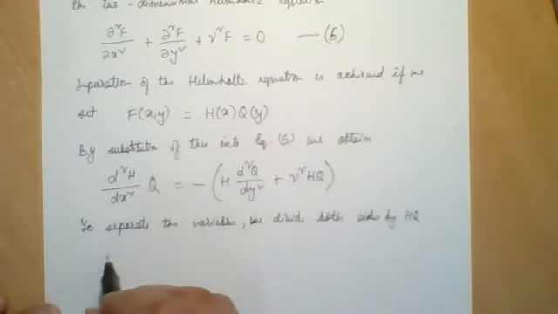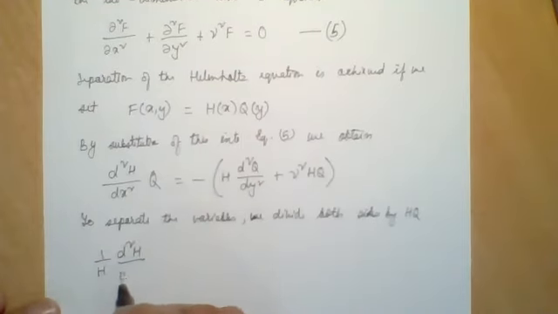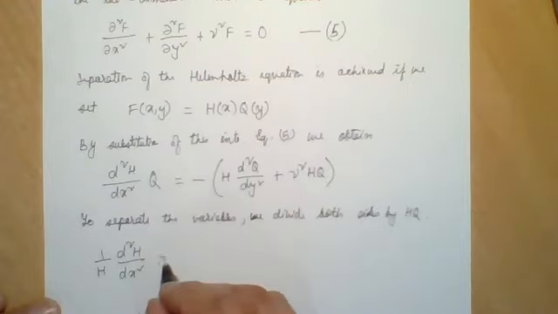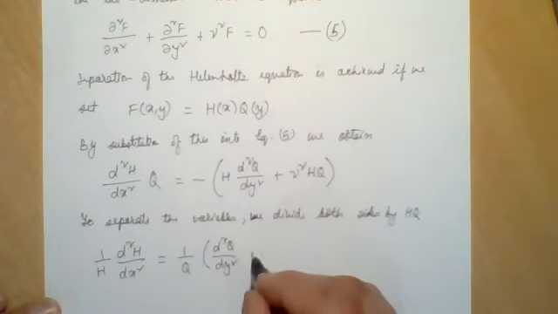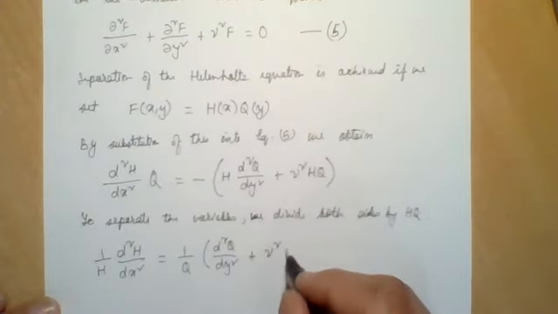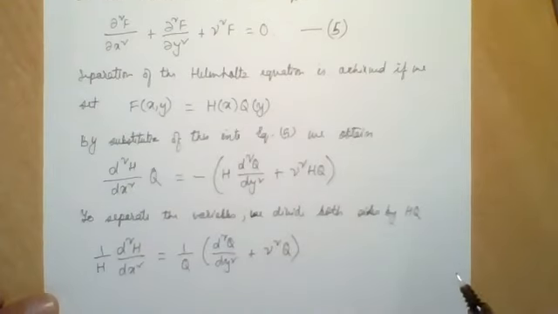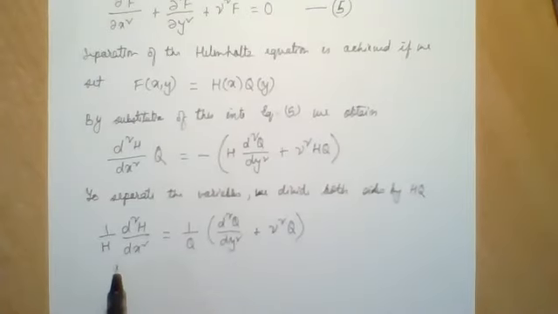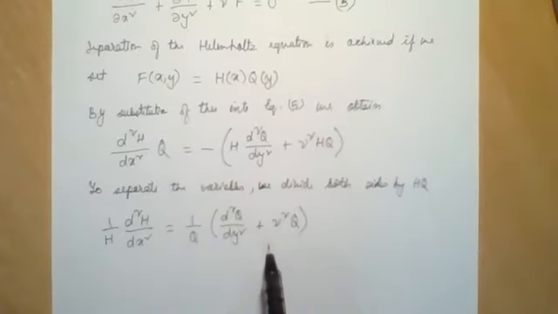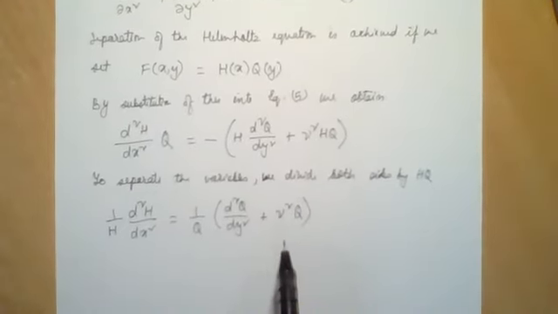If I divide both sides by hq, this becomes 1 by h d2h by dx square, and this becomes 1 by q d2q by dy square plus nu square q. Okay. Now we see that the left hand side is a function of only x, while the right hand side is a function of only y. So both sides must be equal to a constant.